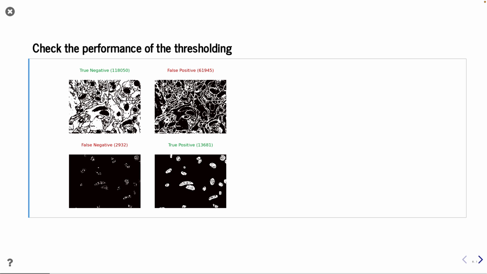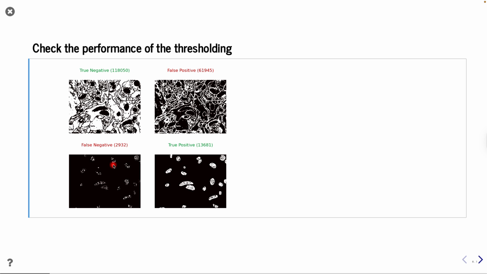One way is to compute or separate it into the four classes. We have the true negatives, we have the true positives, false negatives, and false positives. And that gives us a picture of in which direction we are doing right or wrong.